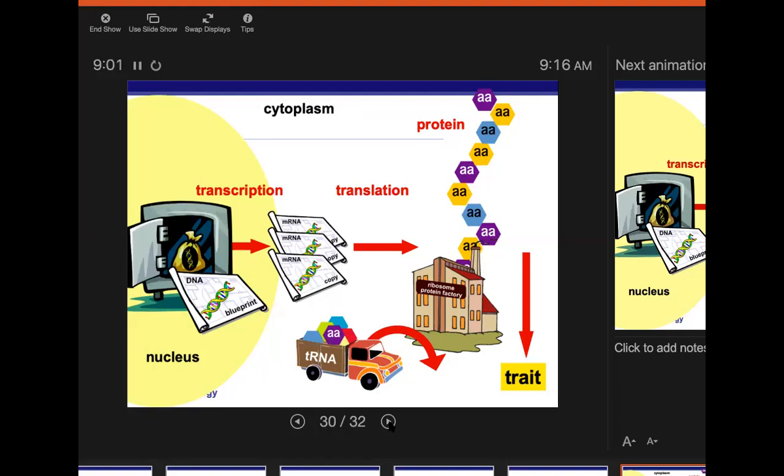Now, for the building, you can just write ribosome. You don't have to write all three. As long as you know that's the ribosome, we've already memorized that proteins are made in the ribosome, so you can just write the word there.